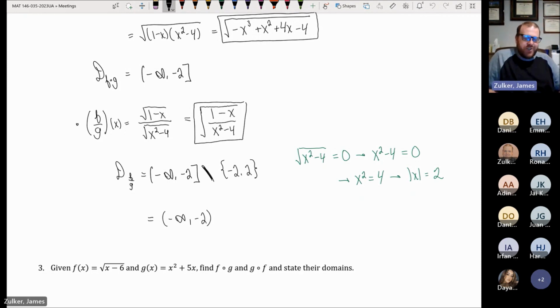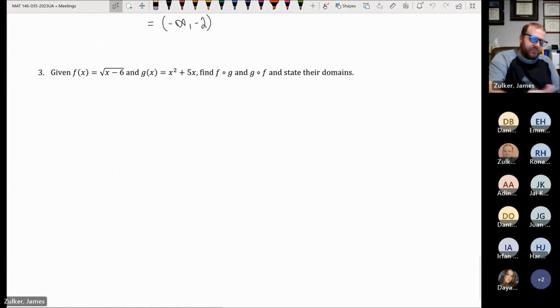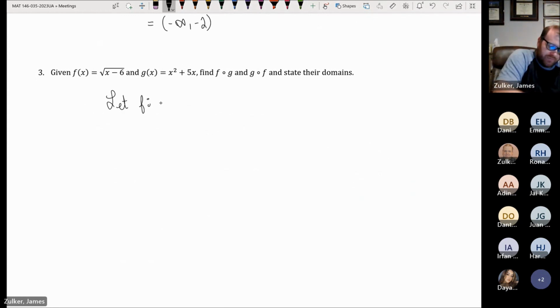Okay. So function composition. I'm going to do it this way now.